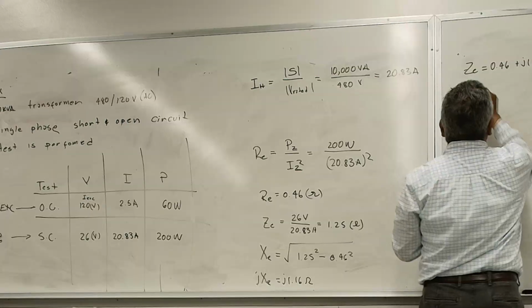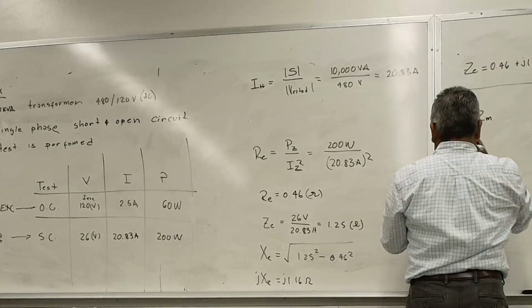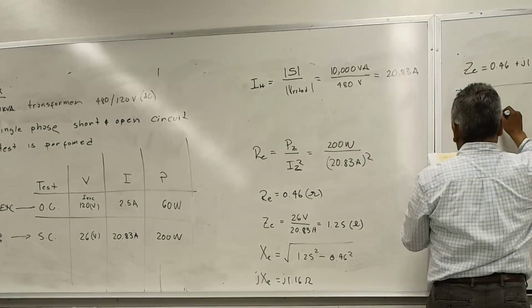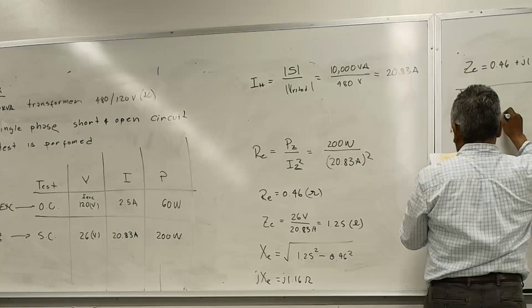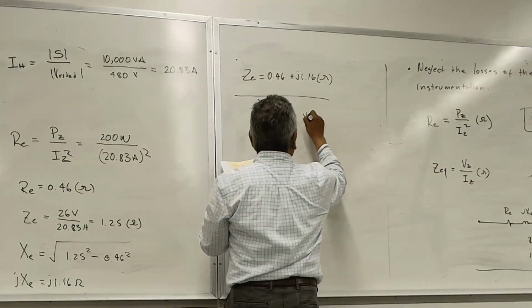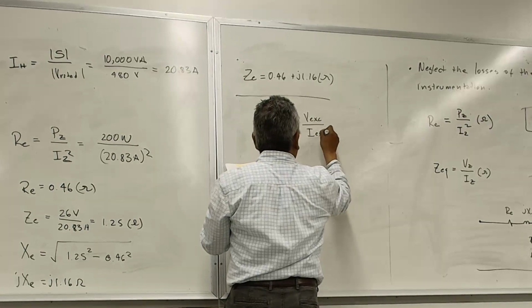Next is my ZM, or magnetizing branch, and I'm going to do this on the low side. So ZM is equal to VEXC divided by IEXC.